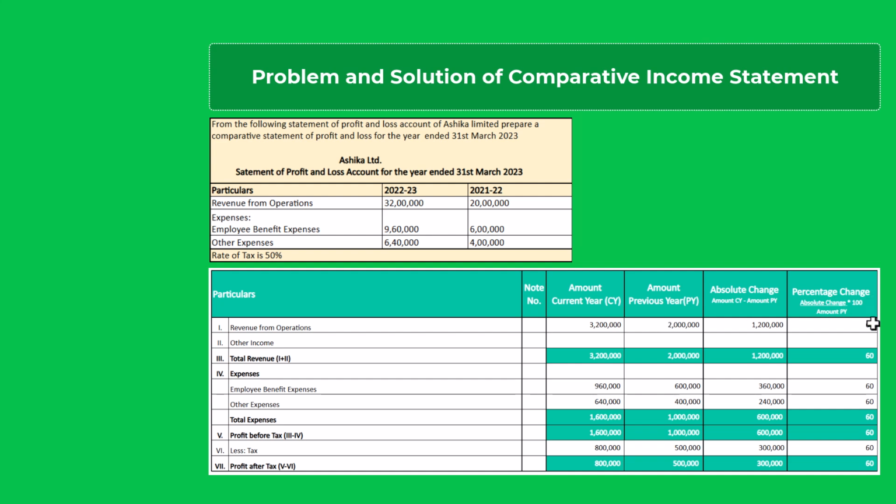That gives you the percentage change, and you got to do it for each and every item, guys. You got to do this calculation for each and every item, be it the item itself or the total as well, right? Like total revenue, we did it for that. Total expenses also we did it for. We also did it for individual expenses. We did it for everything, and that's how you make your comparative income statement.